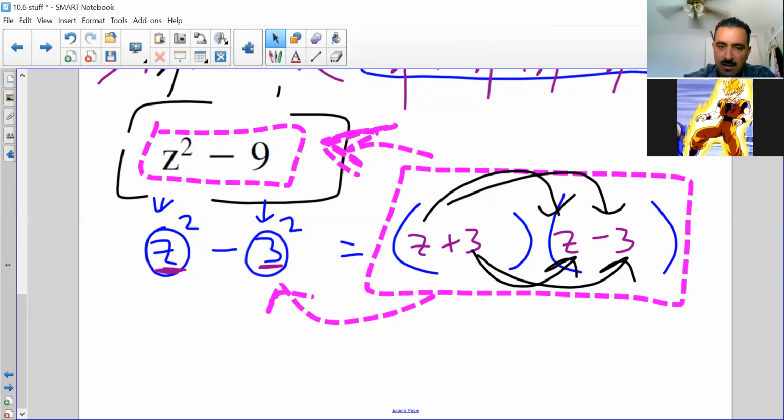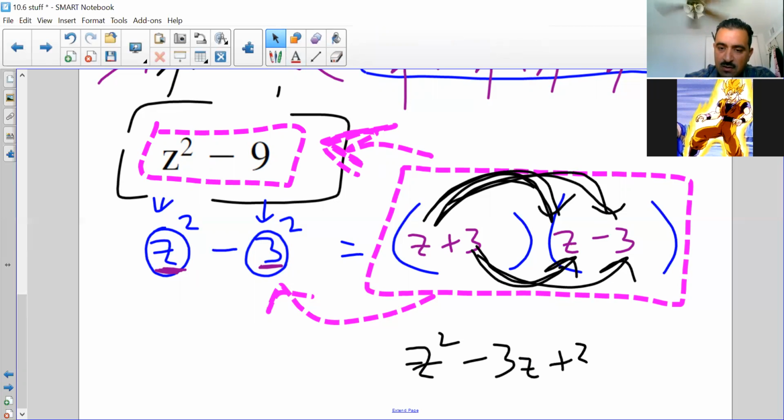Z times Z, notice right here, Z times Z is going to be Z squared. Z times negative 3 is going to be a negative 3Z. 3 times Z is a positive 3Z, notice. And I got 3 times negative 3 is going to be a negative 9.